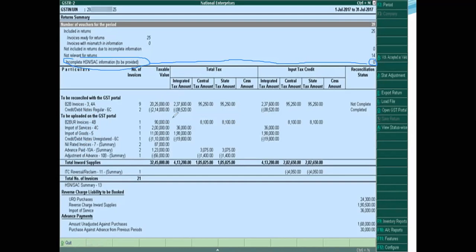Values: taxable value, IGST value, CGST value, SGST value, and this is the total tax. We have ITC available to him, and we have the reverse charge values also. Unregistered dealer purchases, reverse charge, inward supplies, import services. We have the values here. This is the big pro forma of GSTR 2 inward supply.